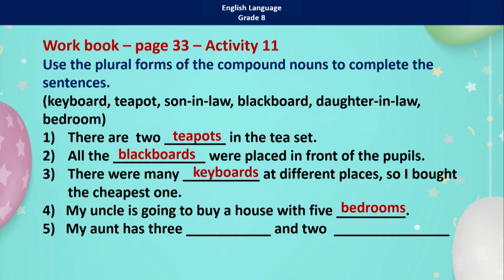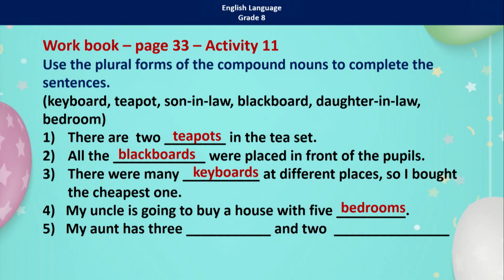My aunt has 3 blank and 2 blank. My aunt has 3, what can that be? Could be daughters-in-law, sons-in-law. Yeah, we can take both the answers because we are not familiar with the aunt that we are talking about. So it can be sons-in-law or daughters-in-law.